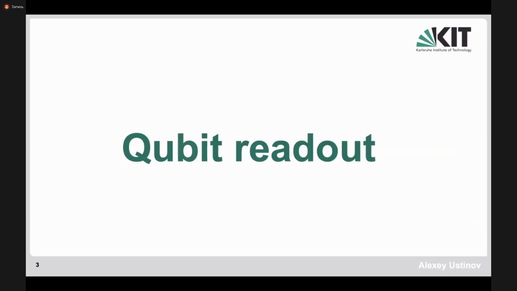In this lecture, I would like to tell you a bit more about the real procedure of measuring superconducting qubits, namely about qubit readout, считывание кубитов.